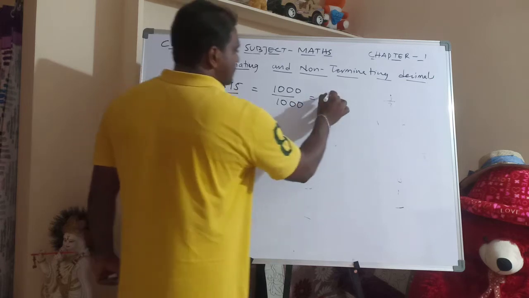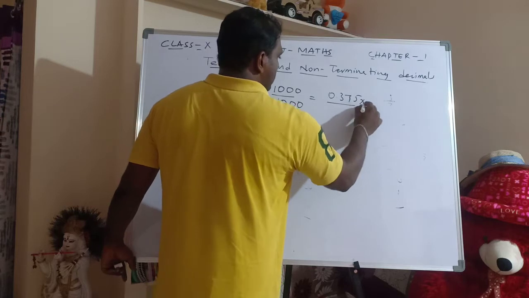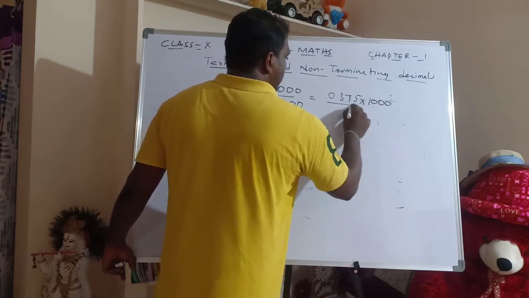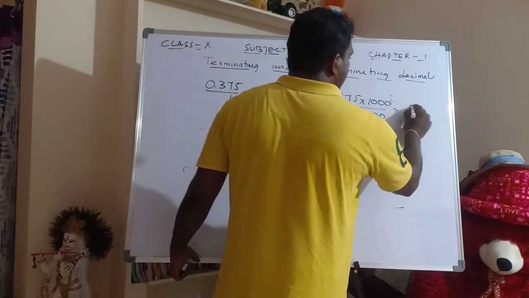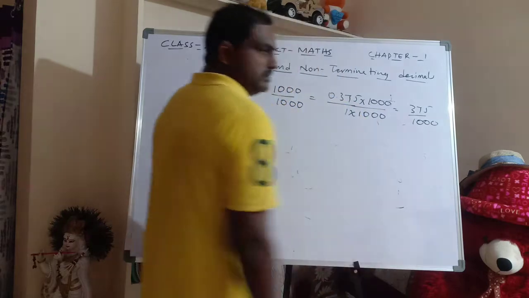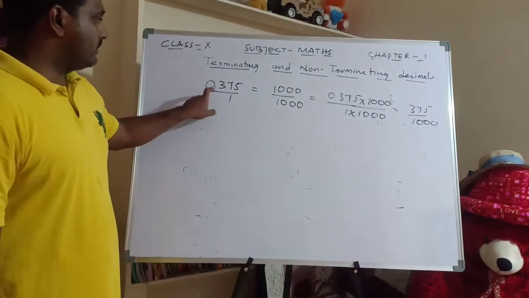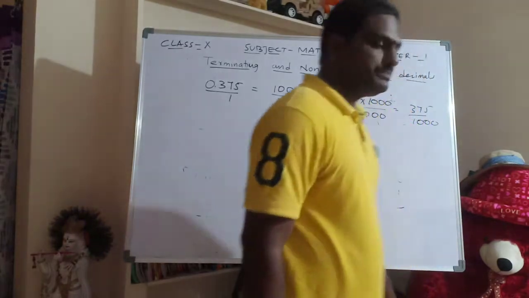So I write 0.375 into 1000 by 1 into 1000. The answer is 375 by 1000. The p by q form of 0.375 is 375 by 1000.